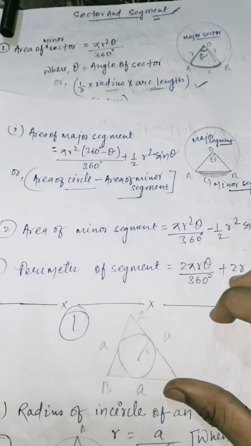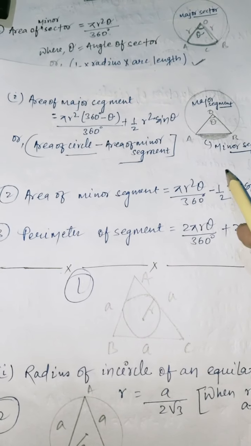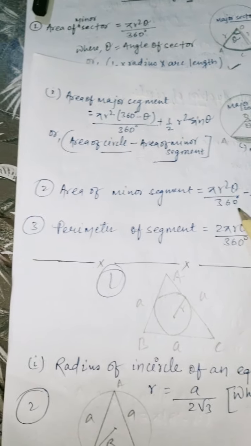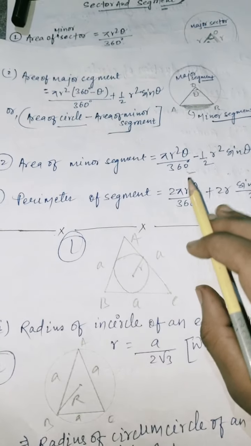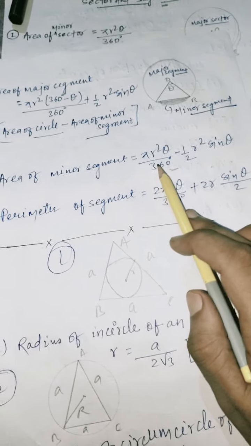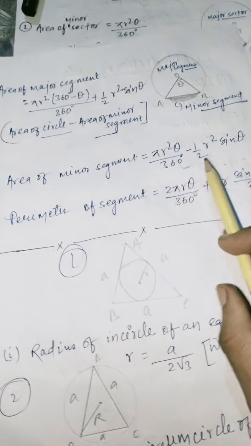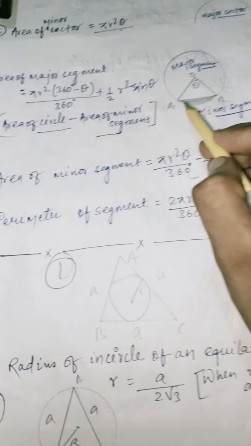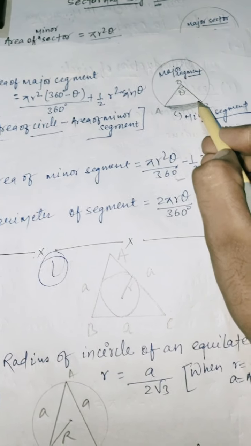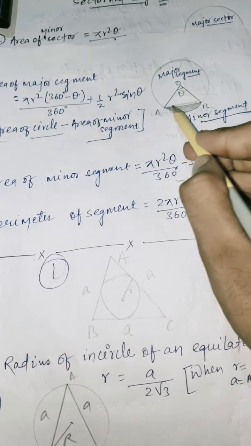Now another formula for calculating the area of minor segment. Here this is the segment, bounded by an arc and the chord of a circle.